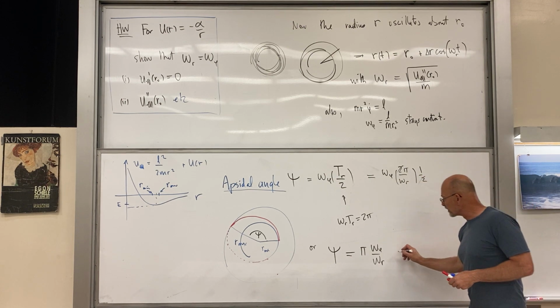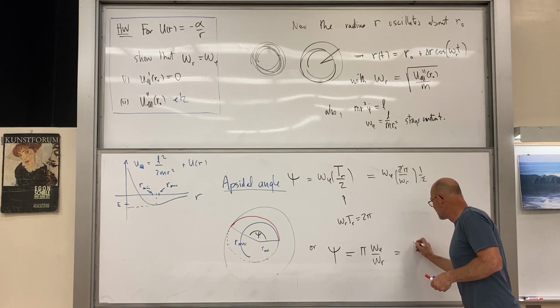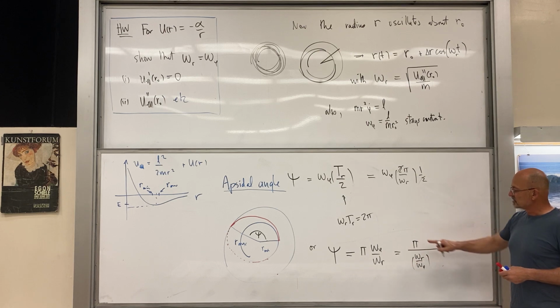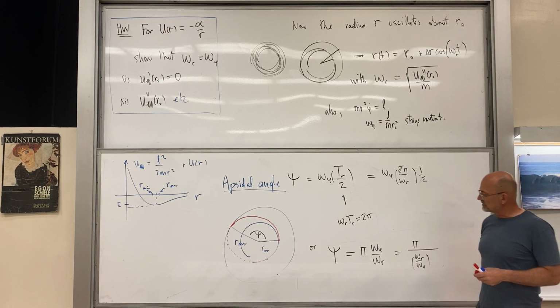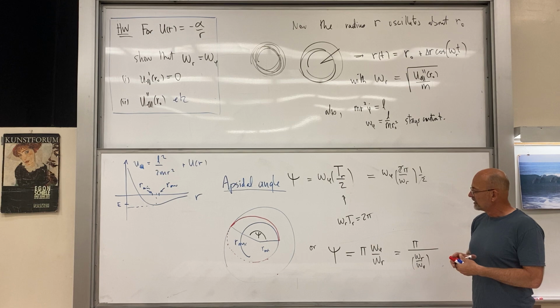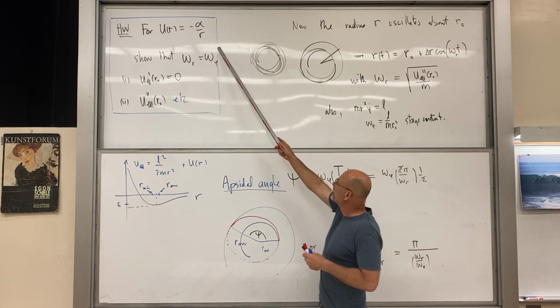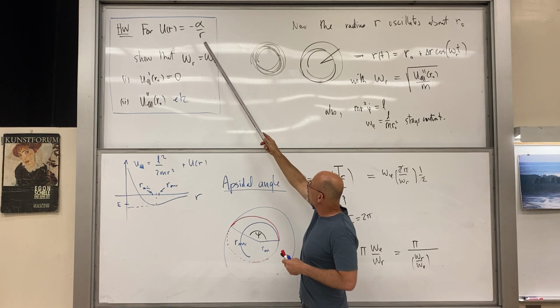And in fact, the way we're going to use it, it's pi divided by omega sub r over omega sub phi, like that. So this is the apsidal angle. When it's equal to pi, we're talking about a perfect Newton potential.